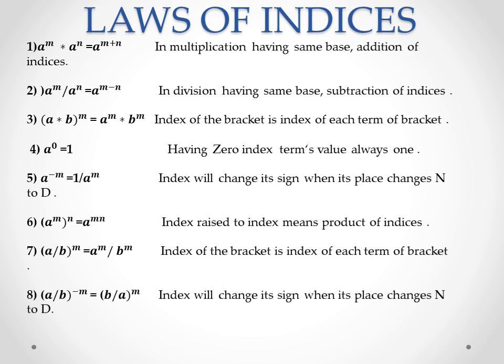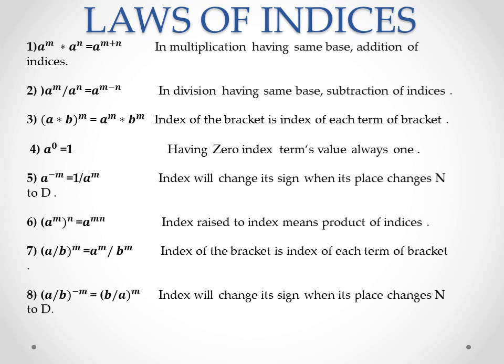Similarly, the second rule is a raised to m upon a raised to n. Here upon means division. Then a raised to m upon a raised to n means a raised to m minus n. Means in division having the same base, subtraction of indices.